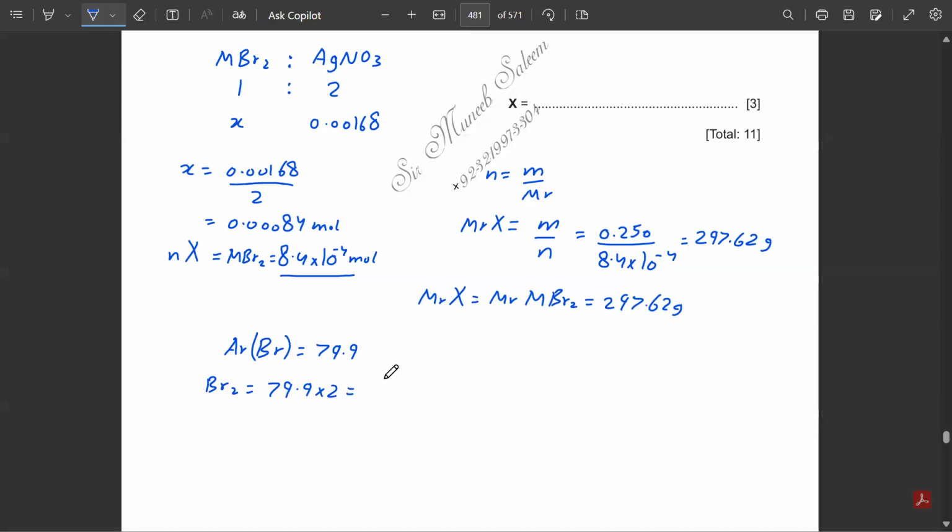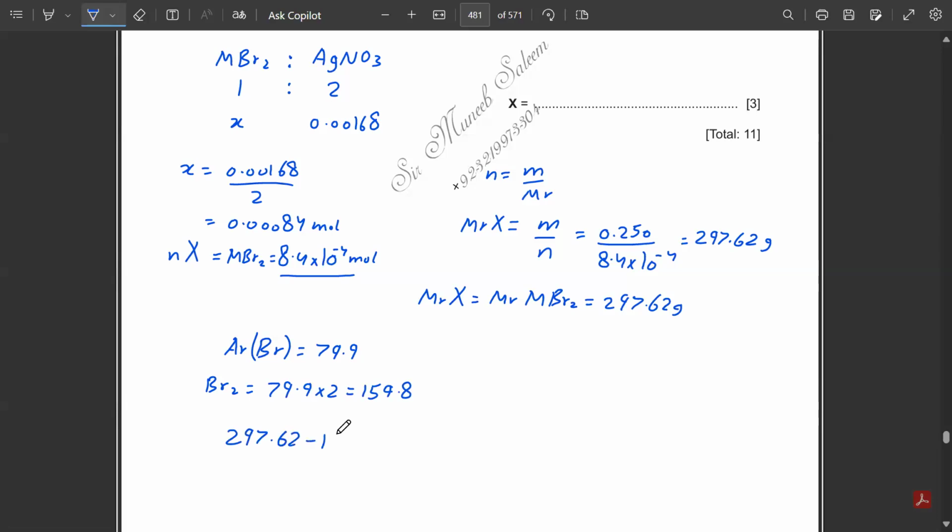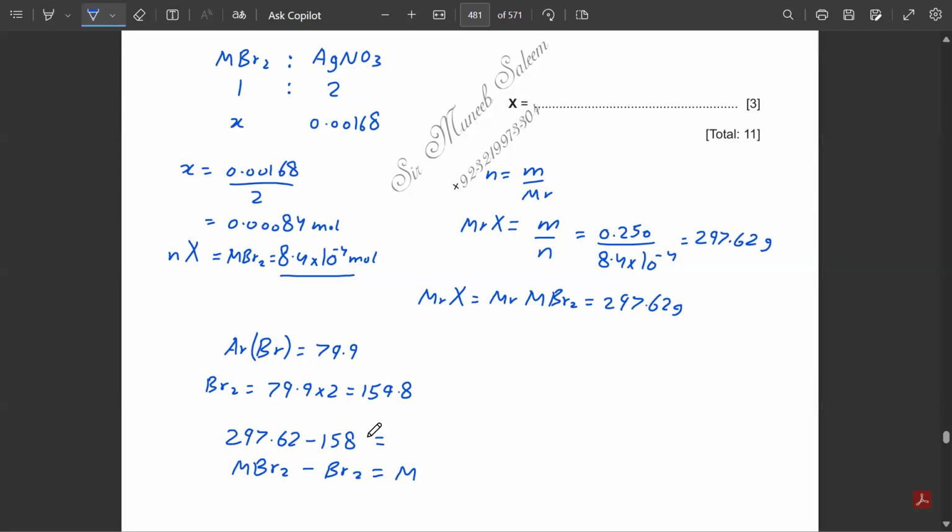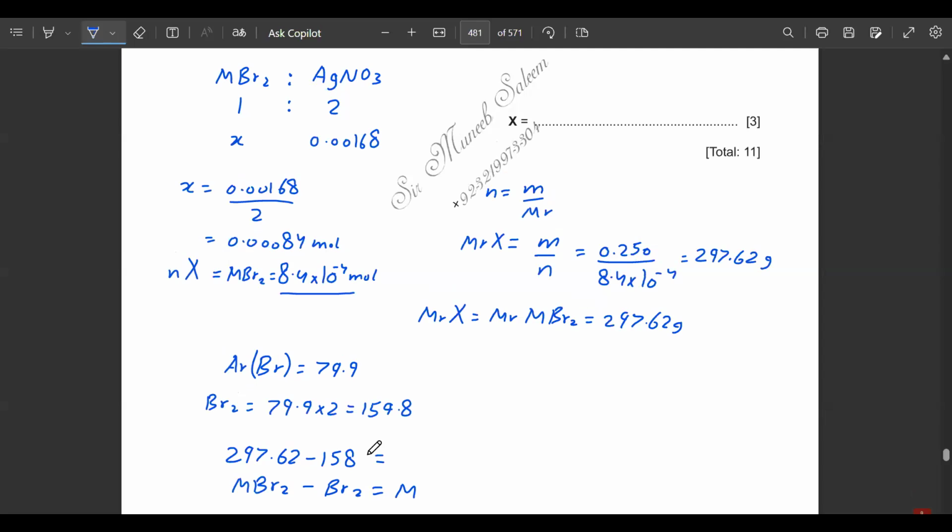Now that is 159.8. Now I subtract this value from 297.62. What I'm doing here is MBr2 minus Br2. This will give me the value of only metal M, and that is 137.82.